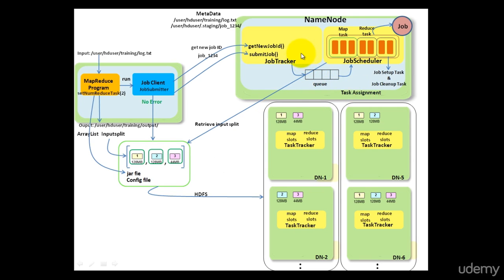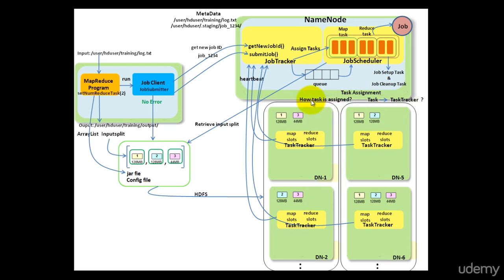Now all these tasks have to be assigned to the task trackers so that they can process the data stored across the cluster. Let us see how tasks are assigned and which task is assigned to which task tracker. Task trackers periodically send heartbeats to the job tracker. Through these heartbeats, the job tracker will come to know which task tracker is up and running.